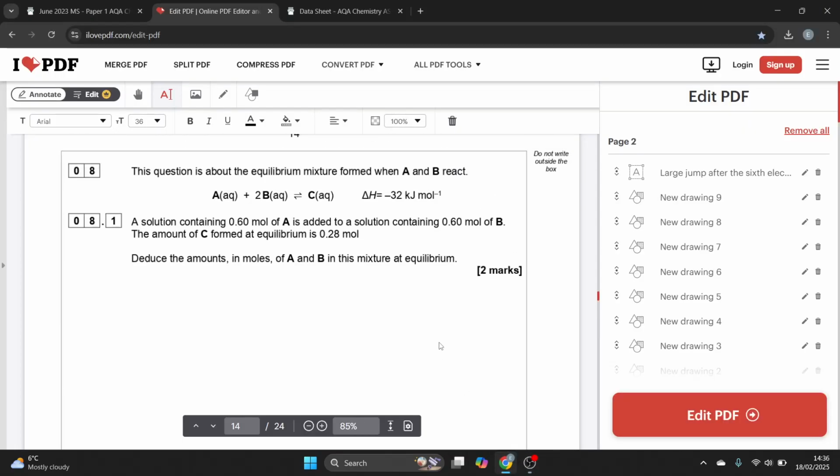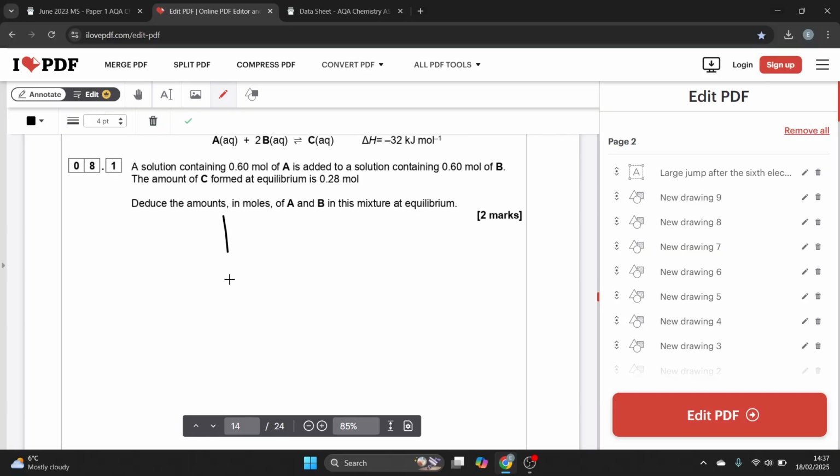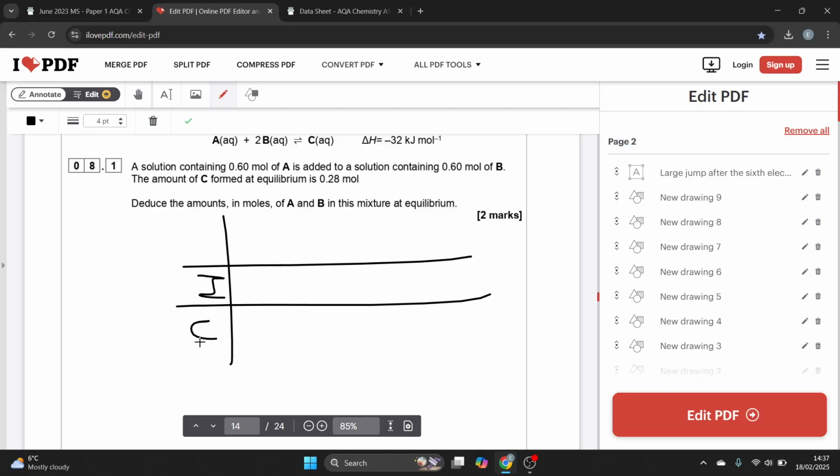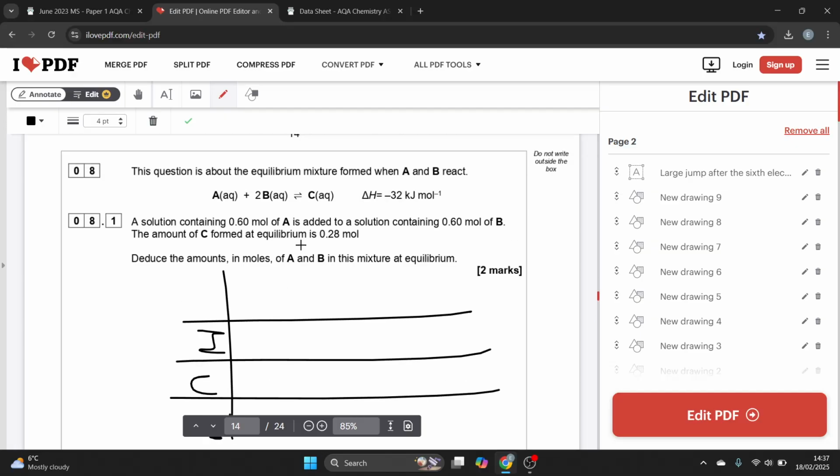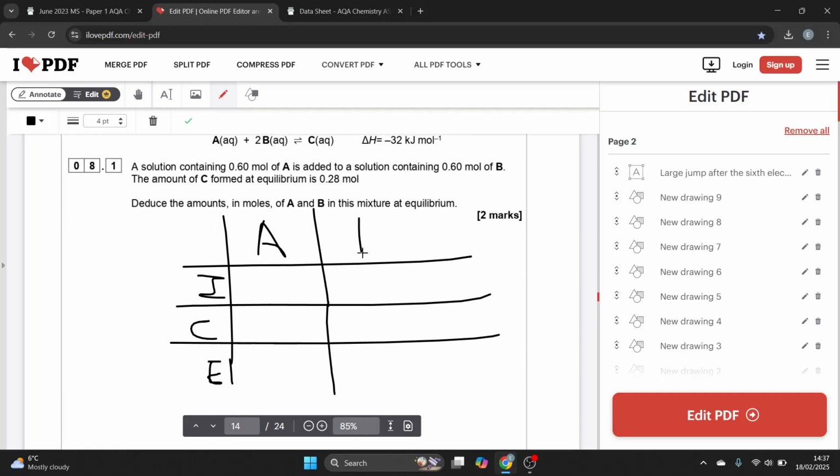Question 8. A solution containing this much B is at equilibrium. Determine the amount of moles of A and B in this equilibrium mixture. I'm just going to use the ICE method. We're not going to have to use algebra. With these questions, you can spot when you need to use algebra or not. In this case I'm not going to need it because I'm already given equilibrium moles.